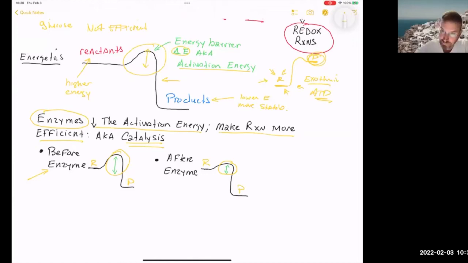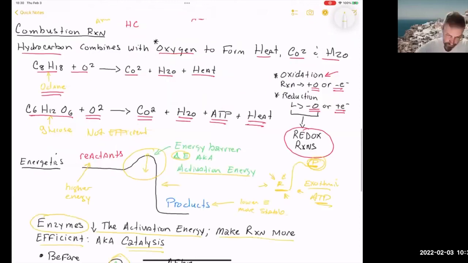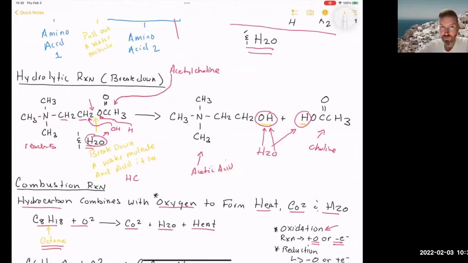For example, if we go back up here to bring some pathophysiology in, when we talk about acetylcholine, this reaction, the breaking down of acetylcholine into acetic acid and choline, the termination of acetylcholine's action, right, is very inefficient. It occurs very slowly.